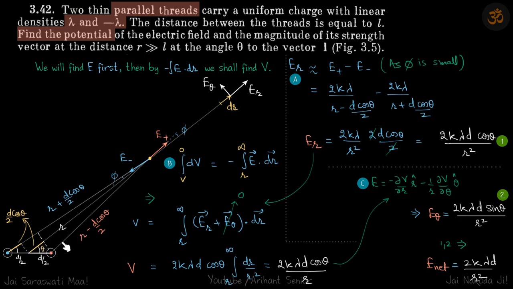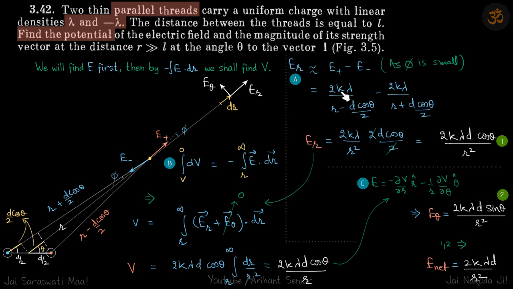So this distance is r minus d by 2 cos theta. And here you can see again, if you drop a perpendicular from here, this length is greater than r by this amount, and this amount is again d by 2 cos theta. So this distance becomes r plus d by 2 cos theta. So we'll put those values here.